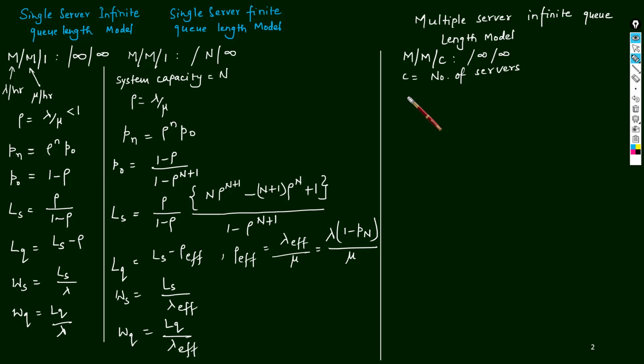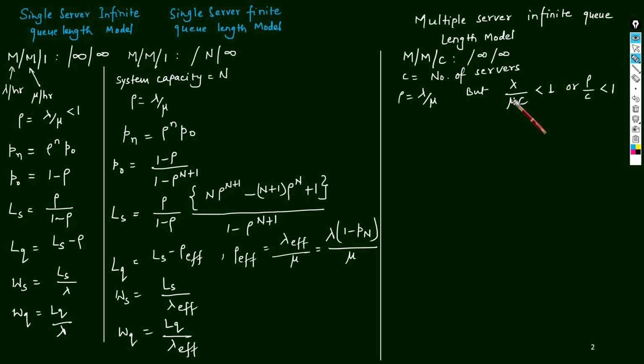Now here we will write rho is equal to lambda by mu, but we are not interested in this term. We are interested in this term, lambda by mu C, and it should be less than 1 because it is an infinite queue length model, or we can write rho by C is less than 1, where mu into C is the service rate.